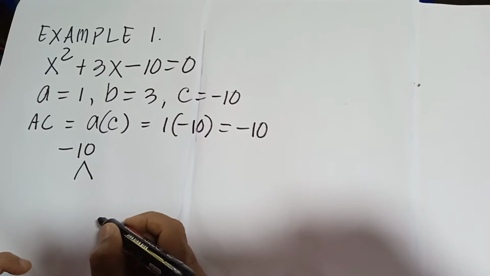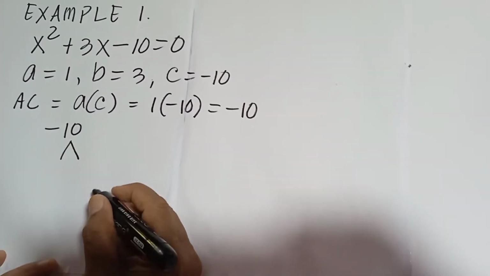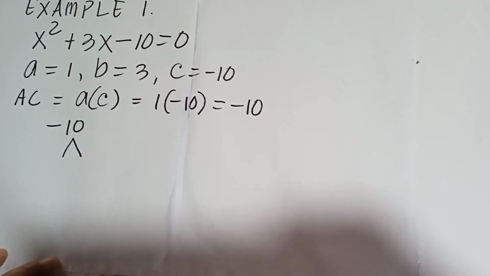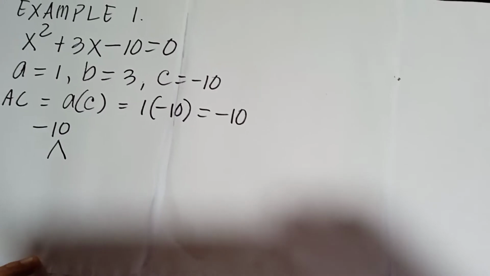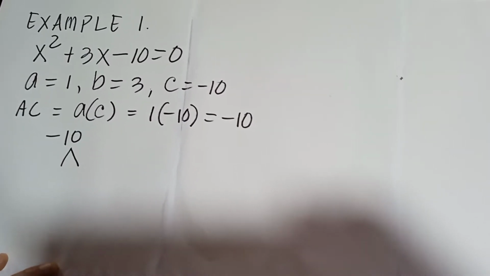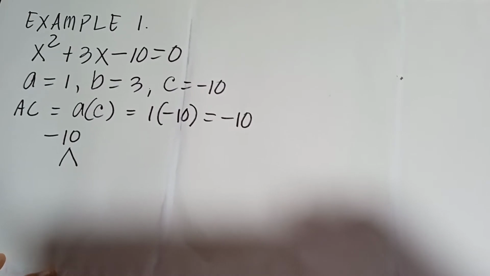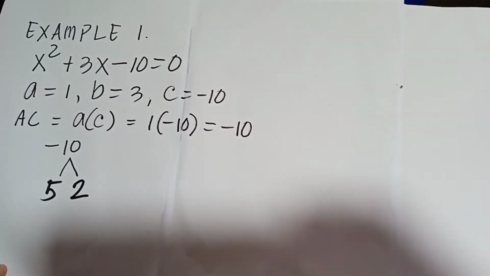So what are the factors of 10 that have a difference of 3? There are two factor pairs of 10, 10 times 1 and 5 times 2. So the factors of 10 that have a difference of 3 are 5 and 2.